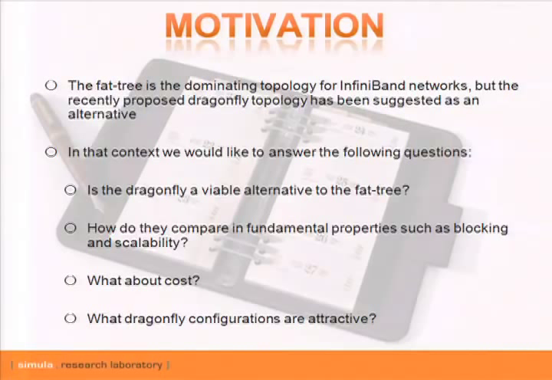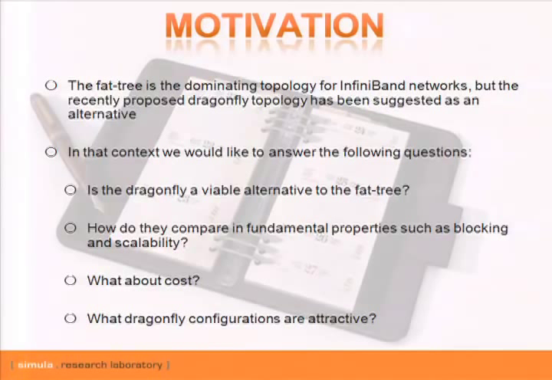So that's the reason why we have done this work, where we would like to answer the following questions. Is the dragonfly really a viable alternative to the fat tree, and how competitive is it?